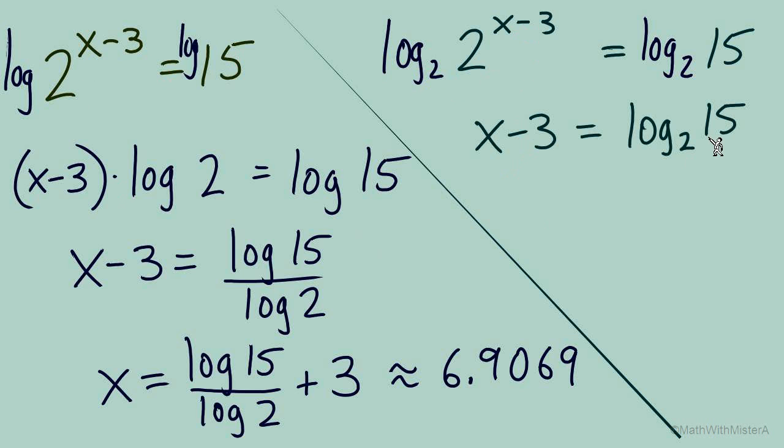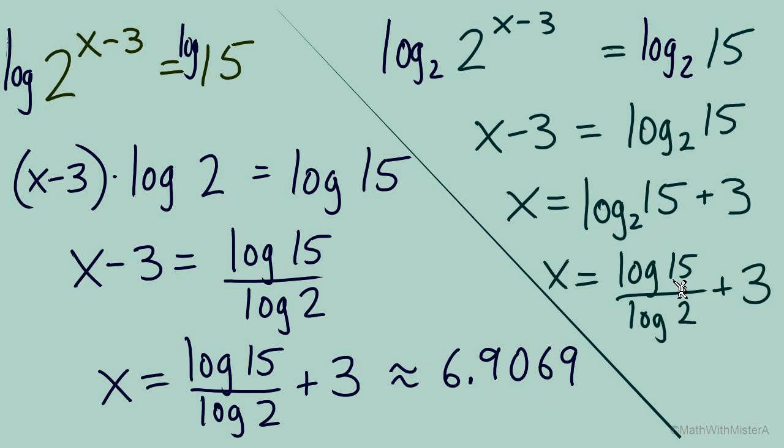Here's the log base 2 of 15 on the right side, and I'm simply adding 3 to both sides here. X equals log base 2 of 15 plus 3. And just like this example here, if I needed to do a decimal approximation, I'd have to do a change of base right here, and I'd be coming up with x equals log 15 over log 2 plus 3.